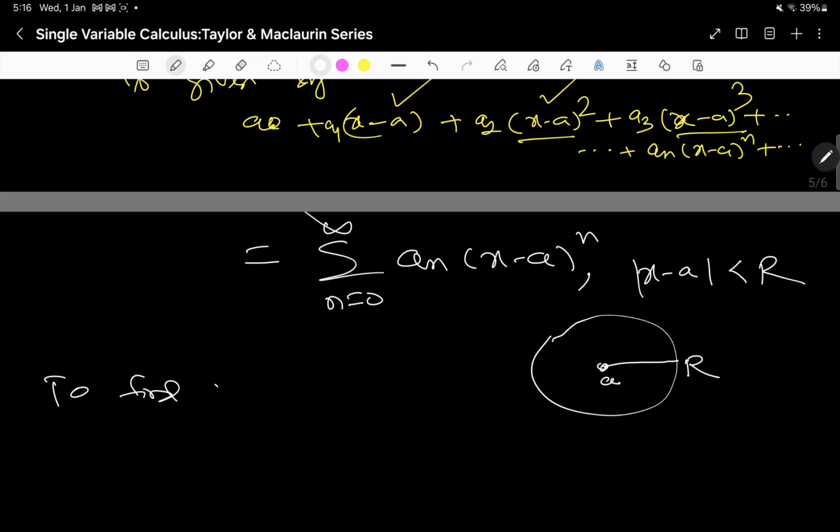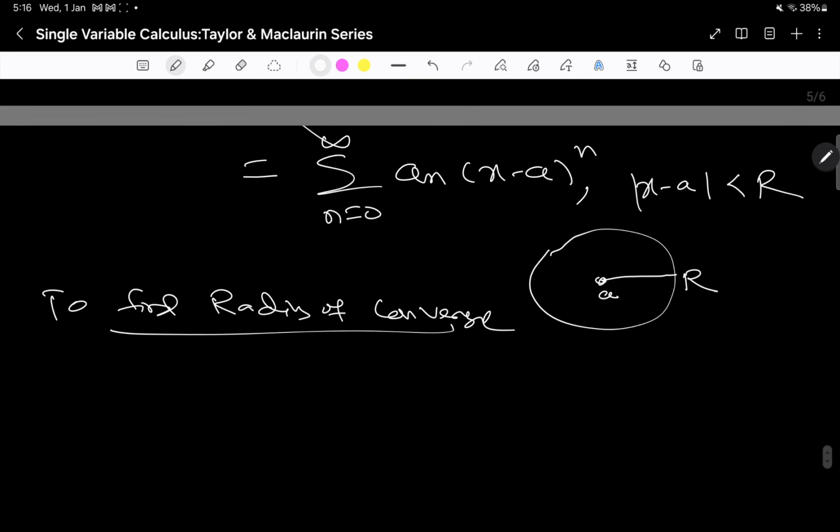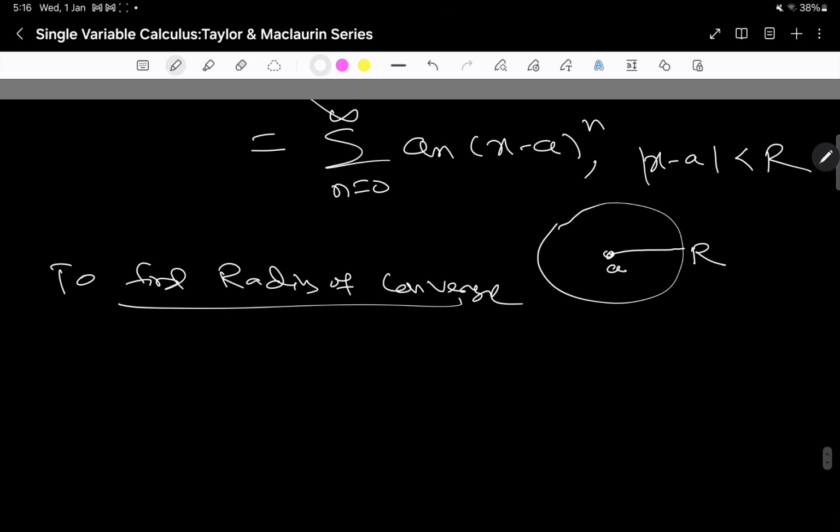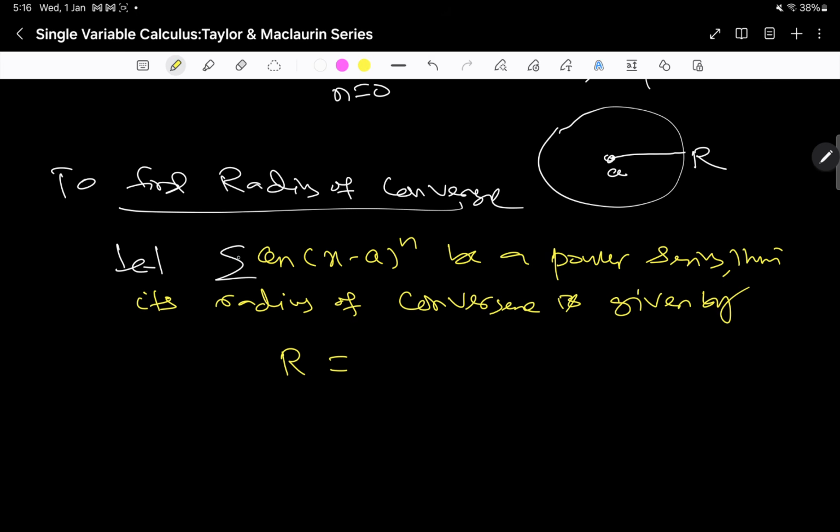To find the radius of convergence, suppose this is a power series. You see, this is n and this is n.